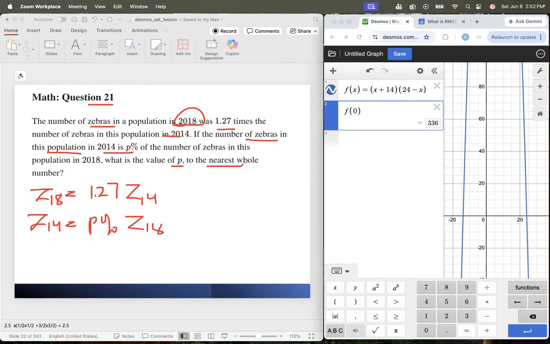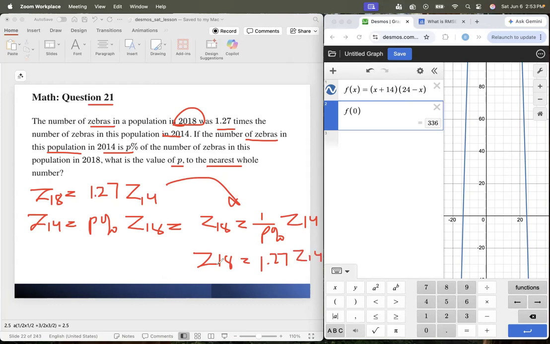All you need to do is express the function so that you'll be able to isolate it. This is telling you that I have to make sure I have Z18 together, and then I equate the function. This is the same. If you convert this to Z18, it's equivalent to 1 over P% times Z14. This new equation resembles our original equation, which is Z18 equal to 1.27 Z14.